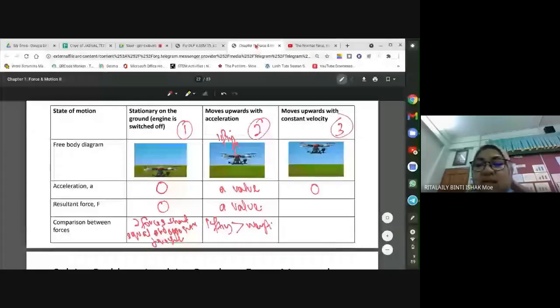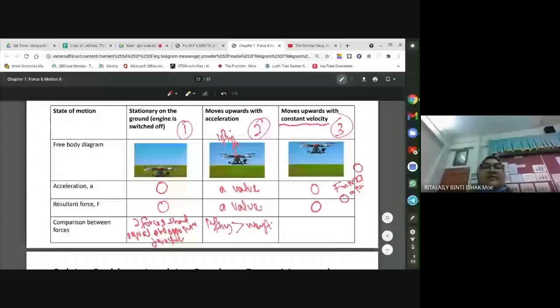Why is the resultant force 0? Because it is moving at constant velocity. If you refer back to Newton's second law, F equals ma, since a is 0, 0 times m, F will equal 0. Therefore, the resultant force is 0.